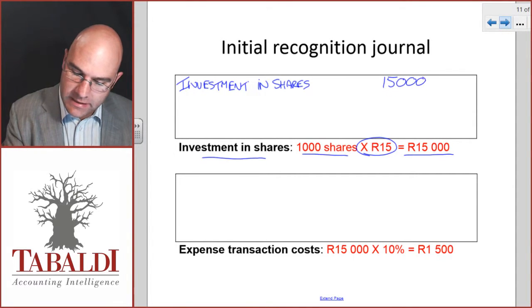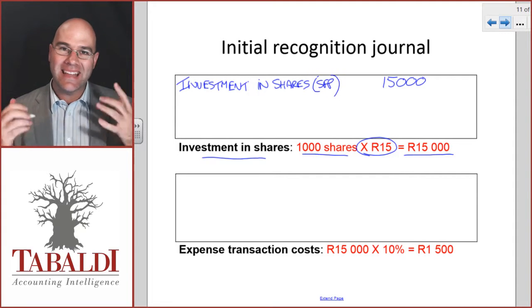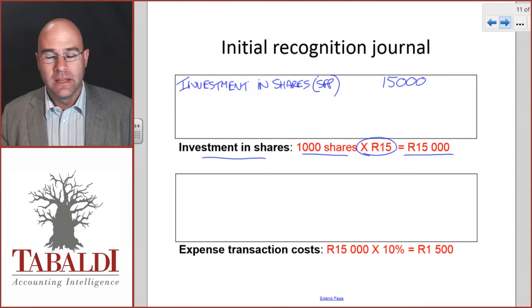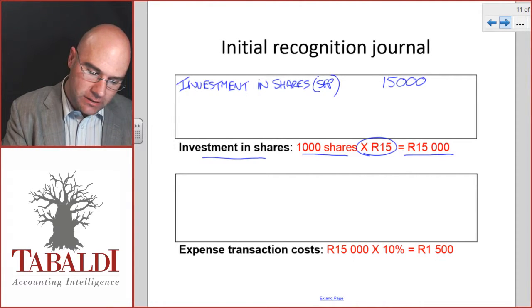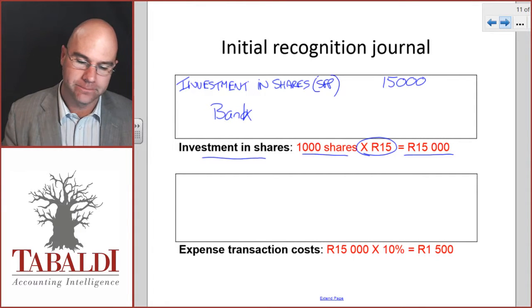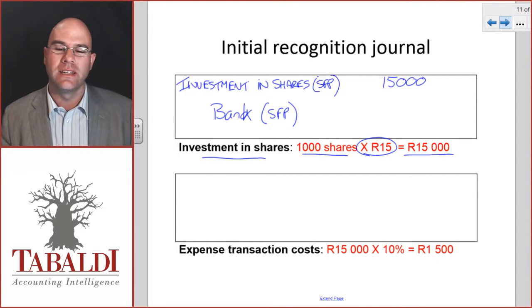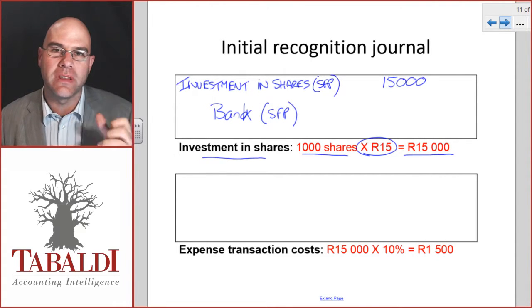And that is, ladies and gentlemen, what we call a statement of financial position account. That's an asset that's going in the statement of financial position, right? The other side was paid for with cash and cash equivalents, so bank. That as well is a statement of financial position account. Now you'll see in your study guides, I don't necessarily do the SFP.